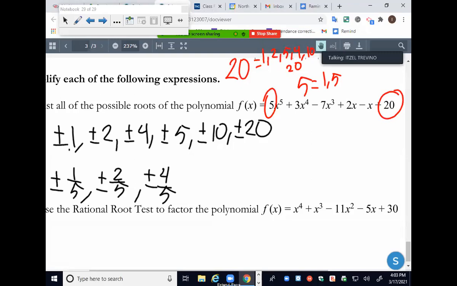I don't need to, I already have 1 over here. What about 10 over 5? 2. I already have 2. I'm not going to write it again. And then what about 20 over 5? It's 4, and I have it, so I'm not going to write it again. Remember, we only need to write it 1 time. So it asks for the list. I have my list. That's it.